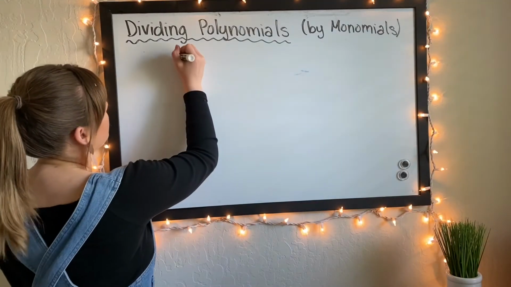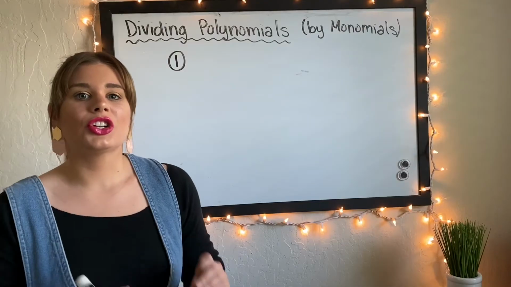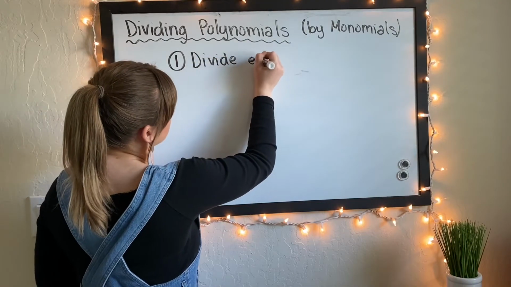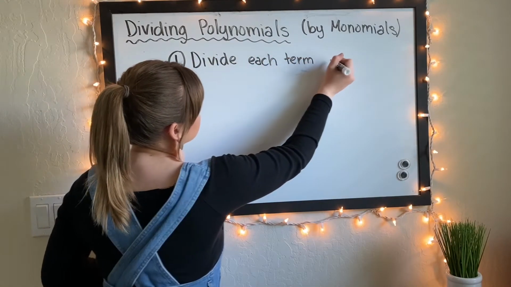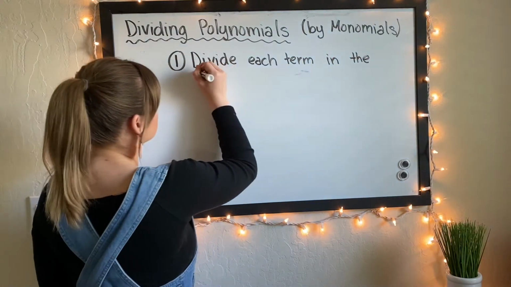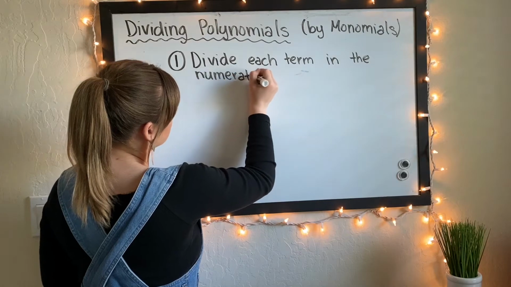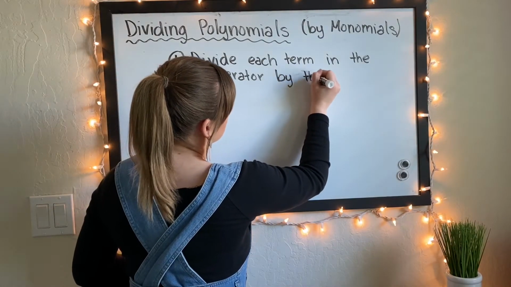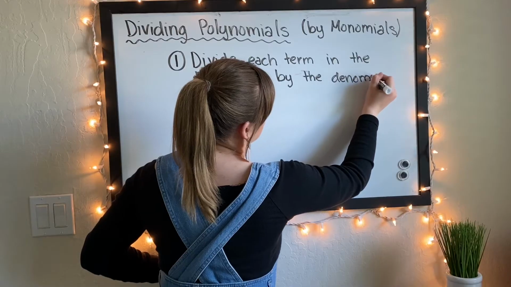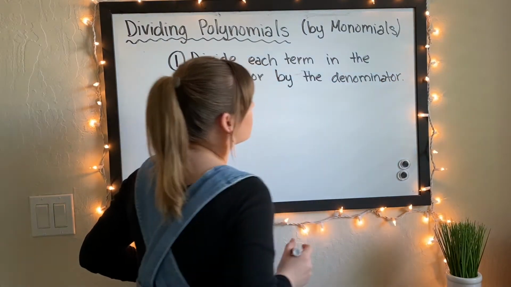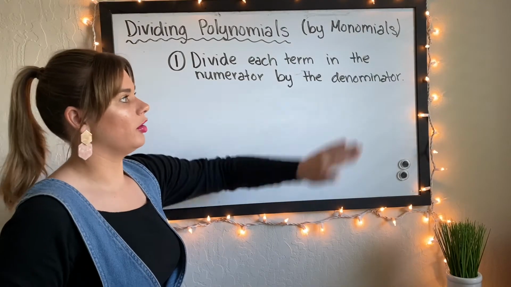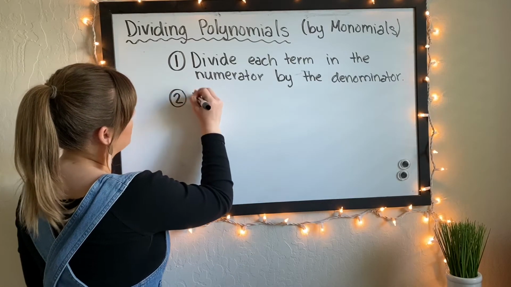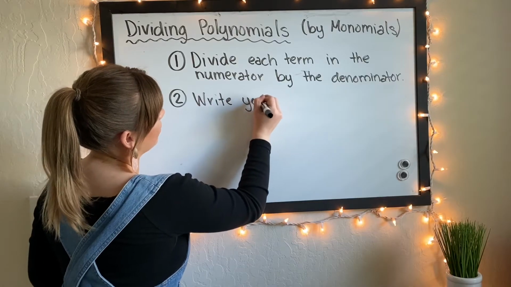So what you do is, first, you divide each term individually in the numerator by the denominator. So the denominator is just going to be some monomial, and we'll go over some examples of what that would look like. And then finally, you're just going to write your answer in standard form.